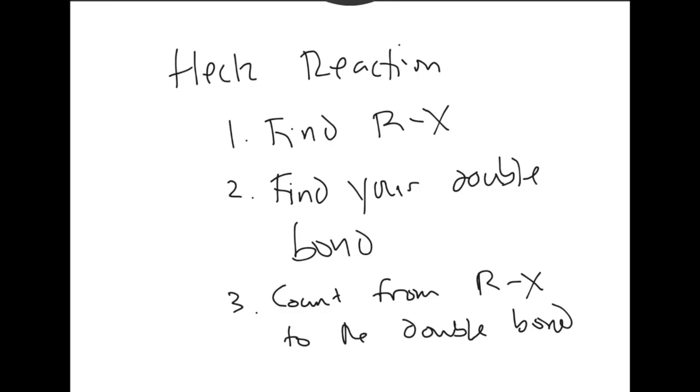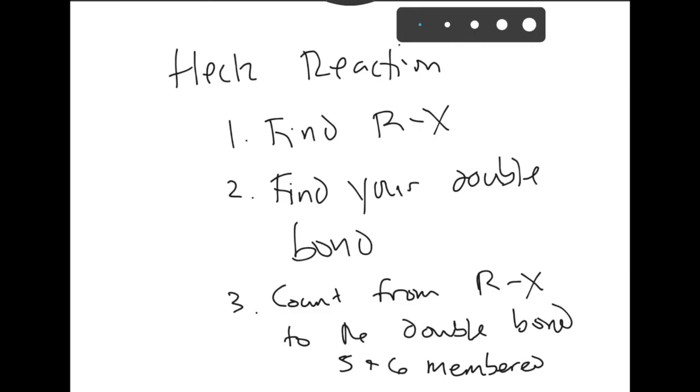The general rule for forming rings still holds true, like from organic 1, right? You're going to form 5 and 6-membered rings faster. So in a couple of these examples, you could have kept counting and made a 7-membered ring, but the 6-membered ring just forms faster.